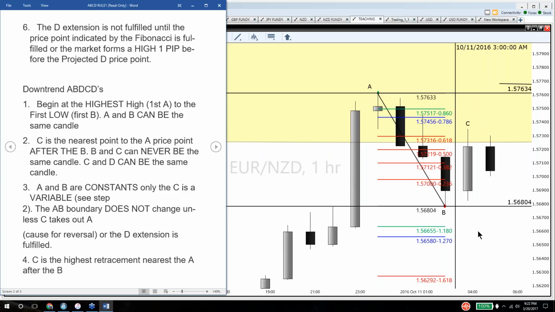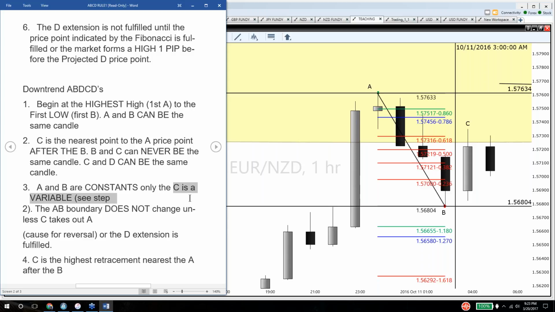So inside this, maybe even outside of the AB boundary, the AB boundary is going to remain active, and it can remain active until the end of time. We hope not, but it can. This will not change unless one of two things happens. We'll talk about those in a minute.